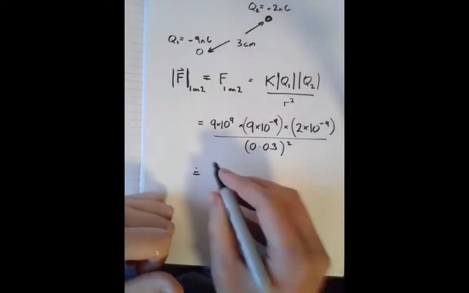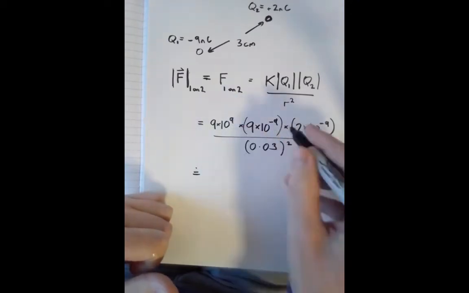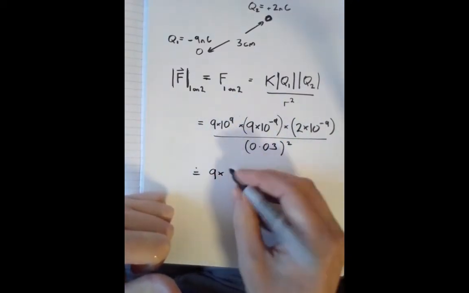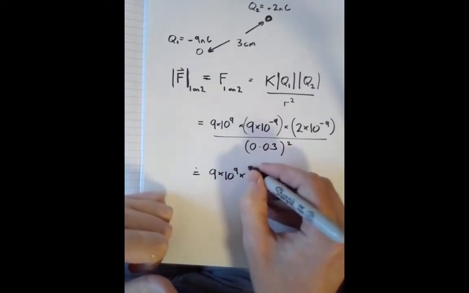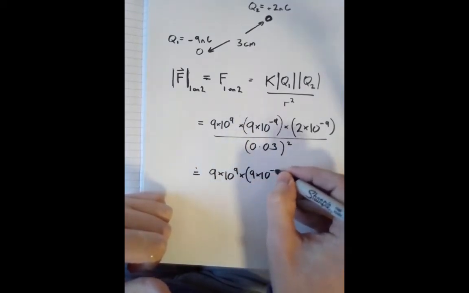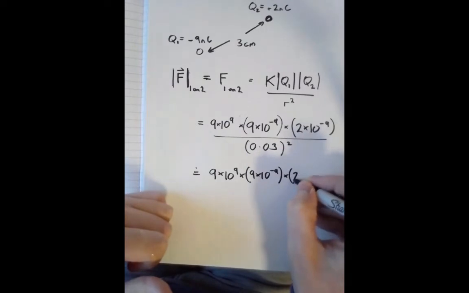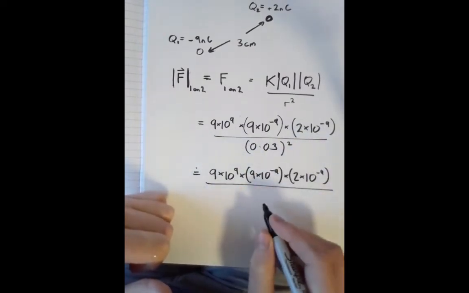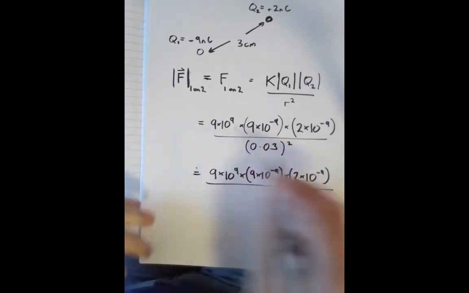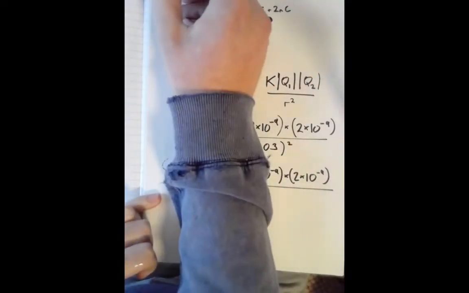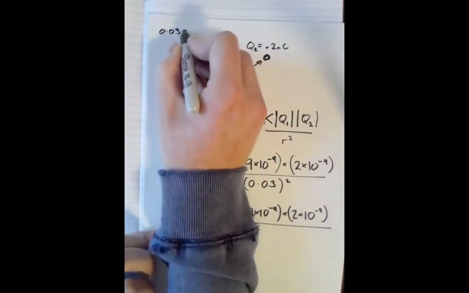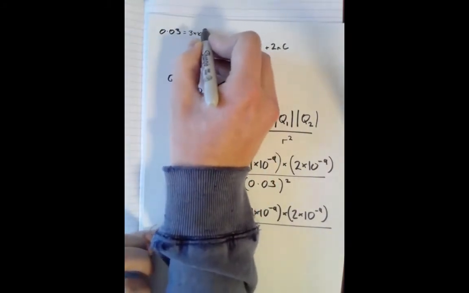Well, again, we can break it down into some simple steps. Firstly, I'm going to write the whole thing out again, but I'm going to multiply out the 0.03 squared. So 0.03, remember, is 3 times 10 to the negative 2.